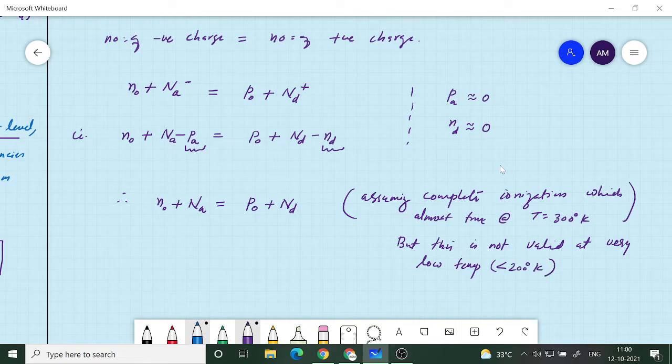So if it is above 200 degrees Kelvin, which is mostly the temperature that we have, the approximation holds.